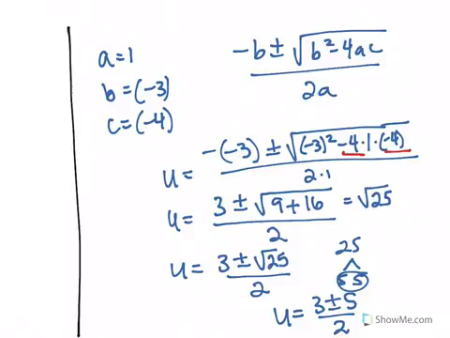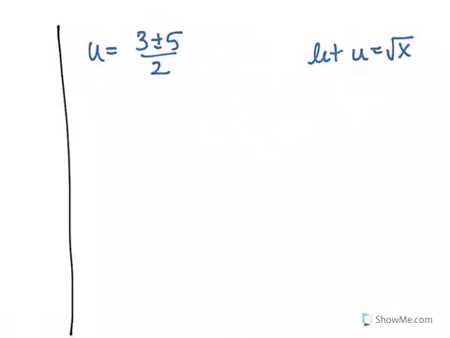Let's simplify those down to our two u values and then plug them back in. So this becomes two different problems, 3 plus 5 over 2 and 3 minus 5 over 2.